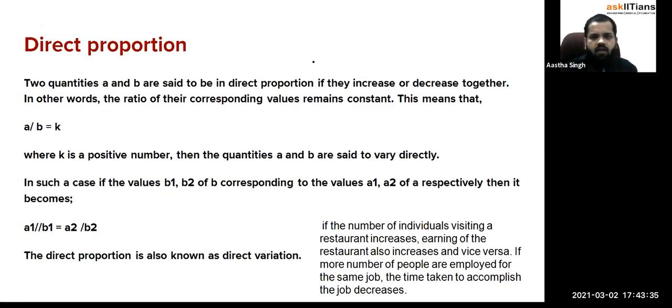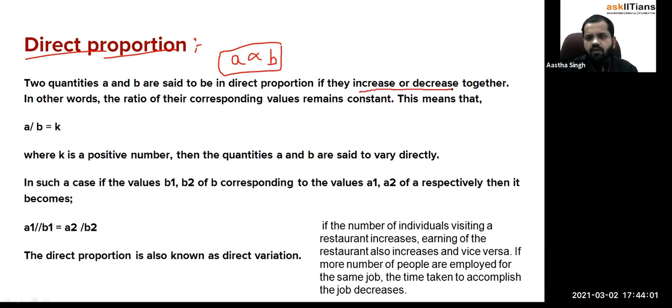So basically, your direct proportion. Two quantities A and B are said to be in direct proportion if they increase or decrease together, right? It means A is directly proportional to B. If A increases, then B increases. If A decreases, then B also decreases, right?